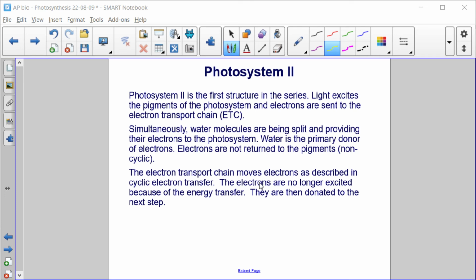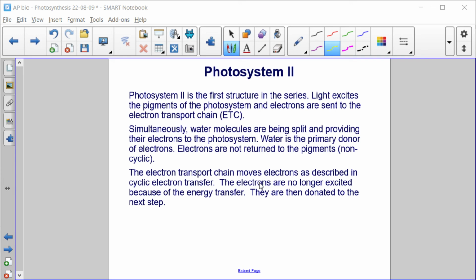Photosystem 2 is the first structure in the series. Light excites the pigments of the photosystem, and electrons are sent to the electron transport chain. Simultaneously, water molecules are being split and providing their electrons to the photosystem. Water is the primary donor of electrons.